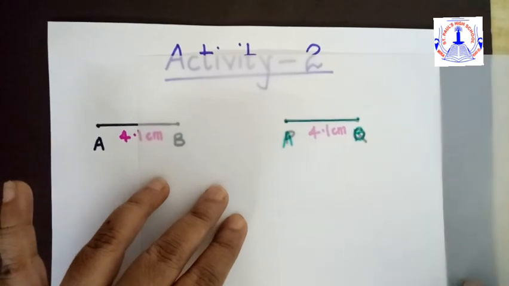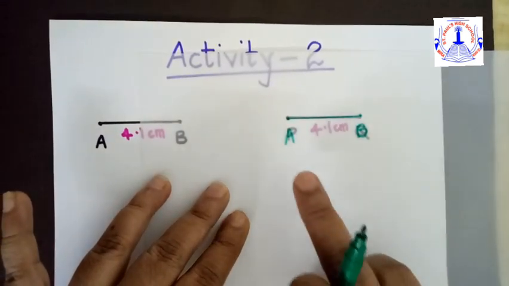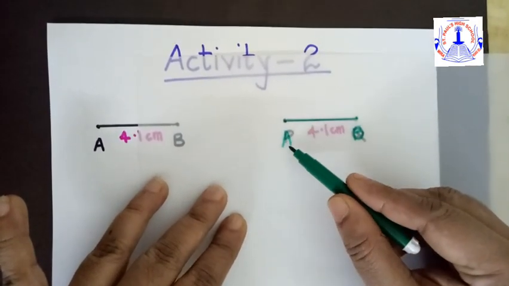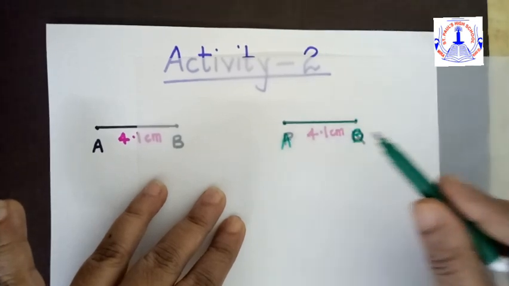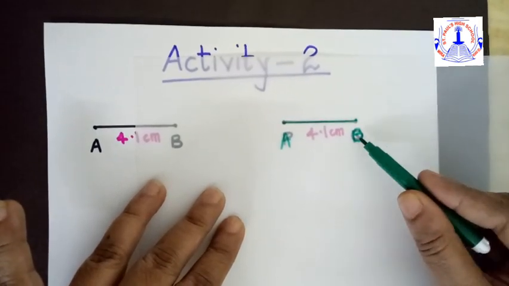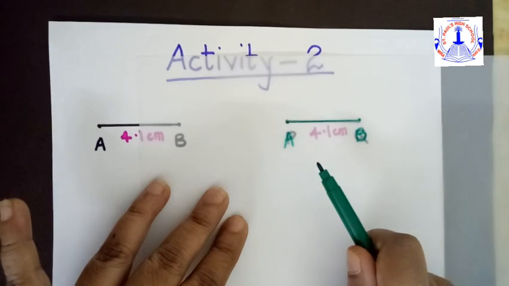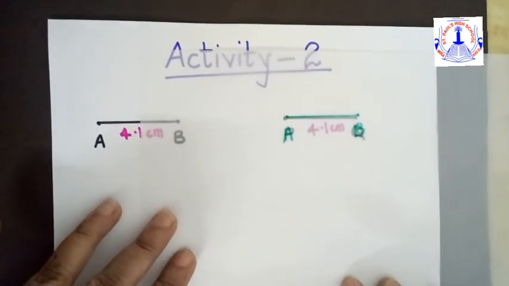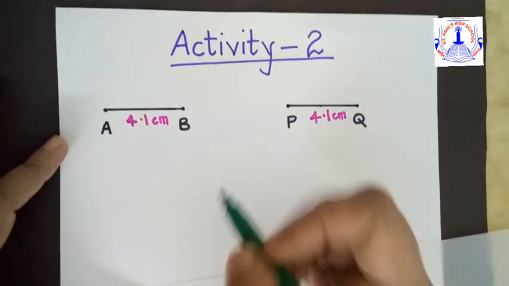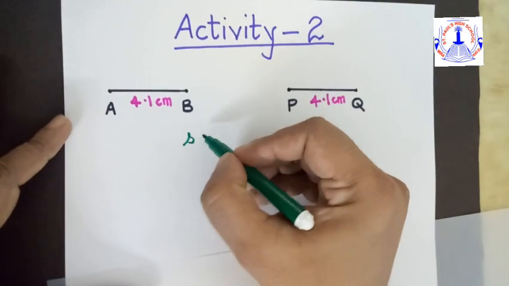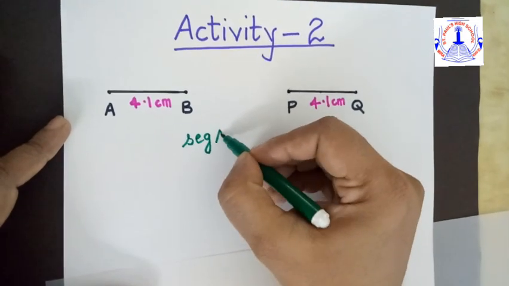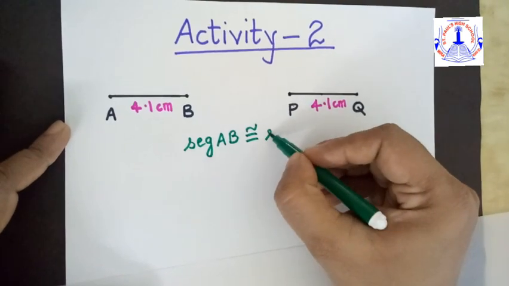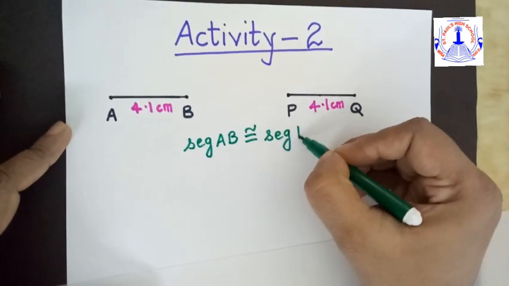Verify that point A is placed on point P and point B falls on Q. It means that segment AB and segment PQ are congruent, and it is written as segment AB is congruent to segment PQ.